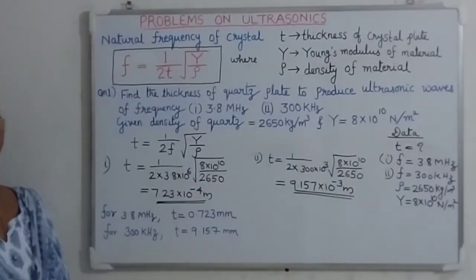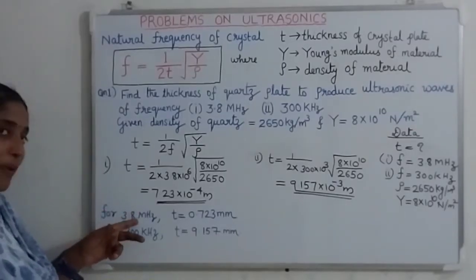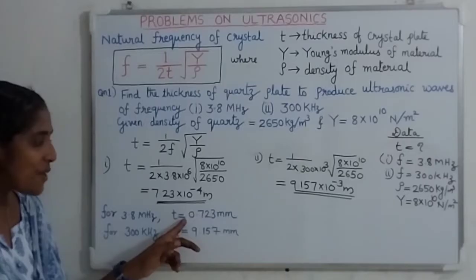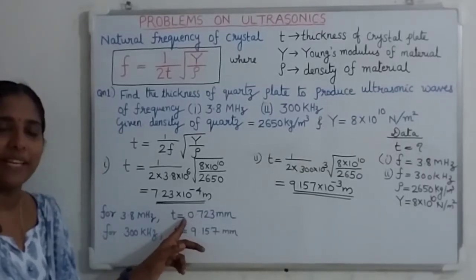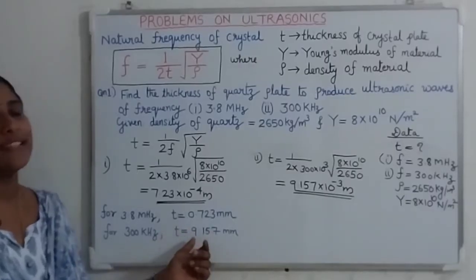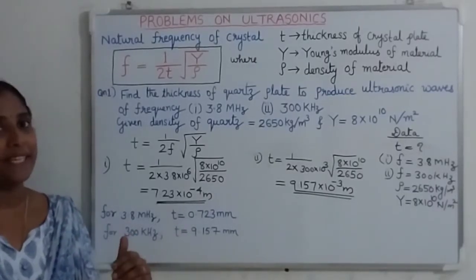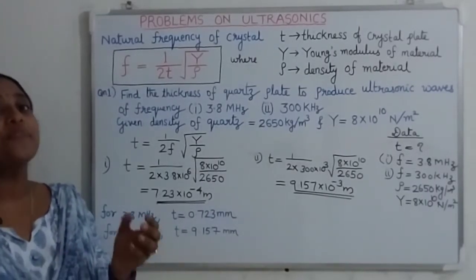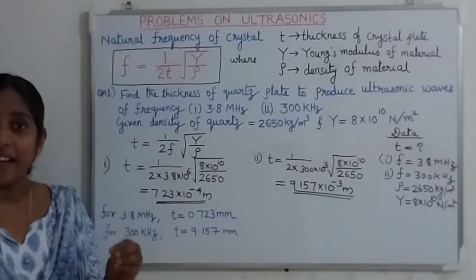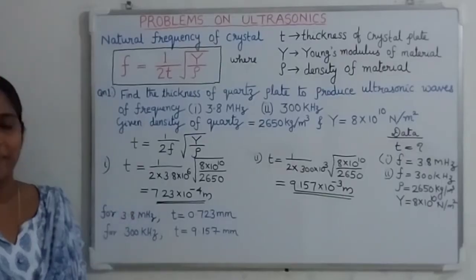That is, to produce ultrasonic waves of frequency 3.8 megahertz, we want a quartz crystal of thickness 0.723 millimeter, whereas for 300 kilohertz, the thickness is 9.157 millimeter. That is, as the thickness of the crystal decreases, we get ultrasonic waves of higher frequency.